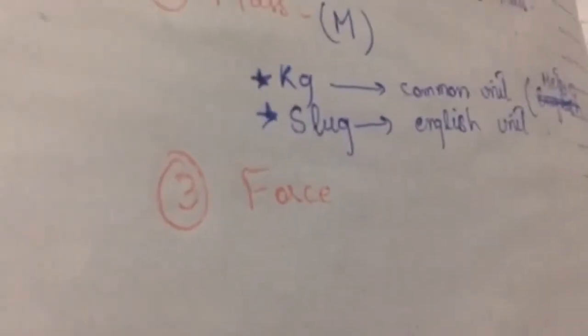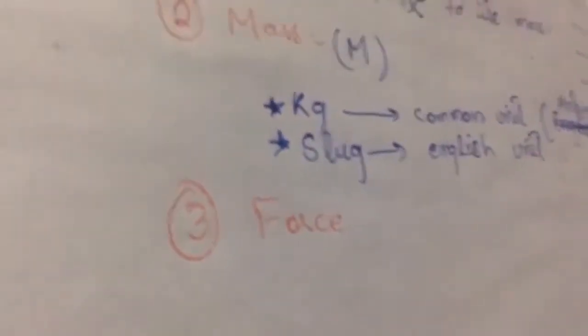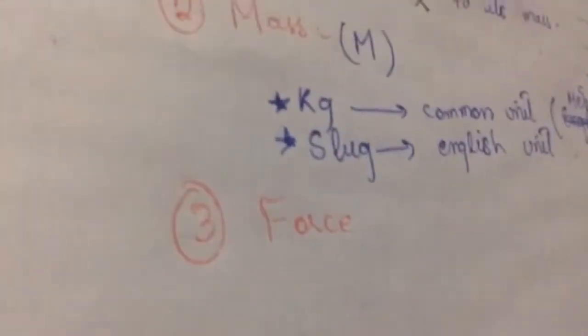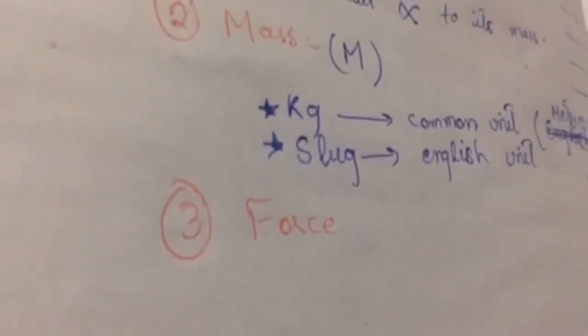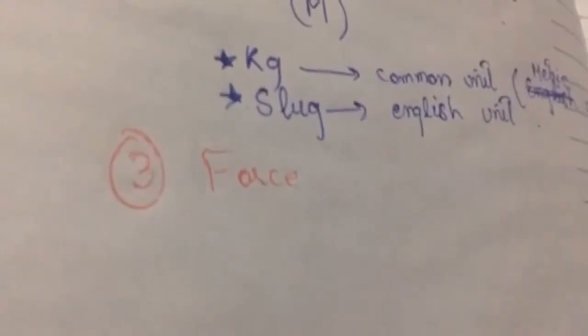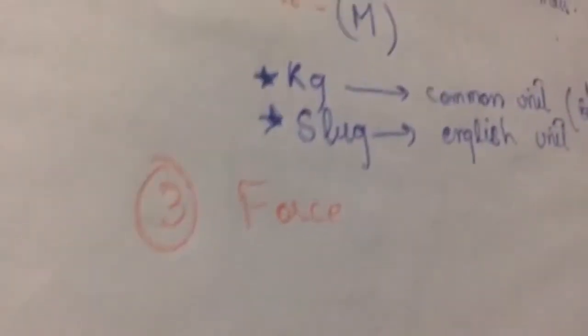Forces totally depend on magnitude, direction, and point of application to a given body, on where we want to apply the force, what its magnitude is, and in what direction we want to move that object.